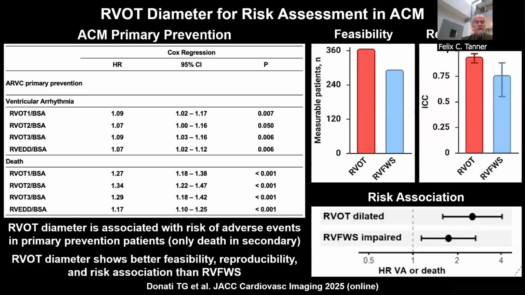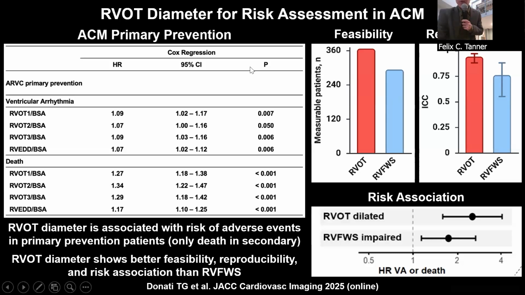And this you can observe in primary prevention patients, that means patients who never experienced an arrhythmic event. You cannot see it so well in those undergoing or suffering death. This relationship is not as clear as for ventricular arrhythmia.